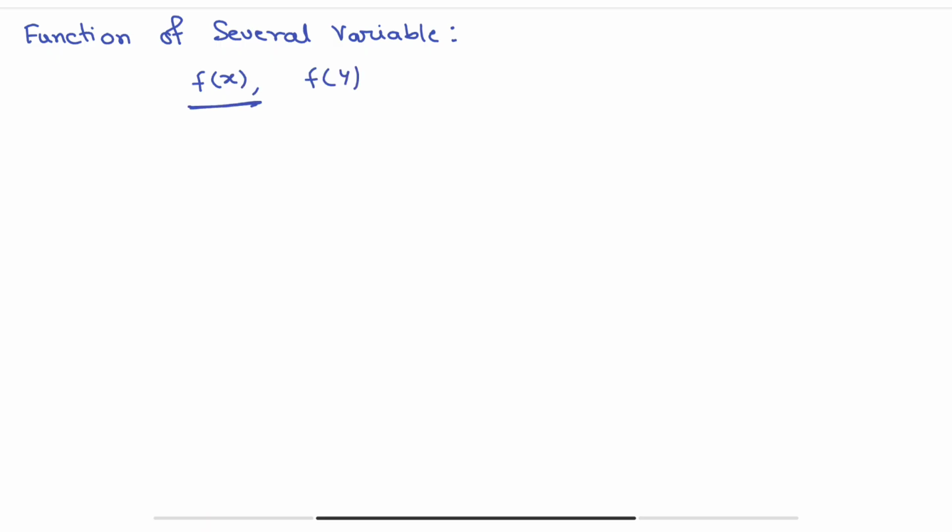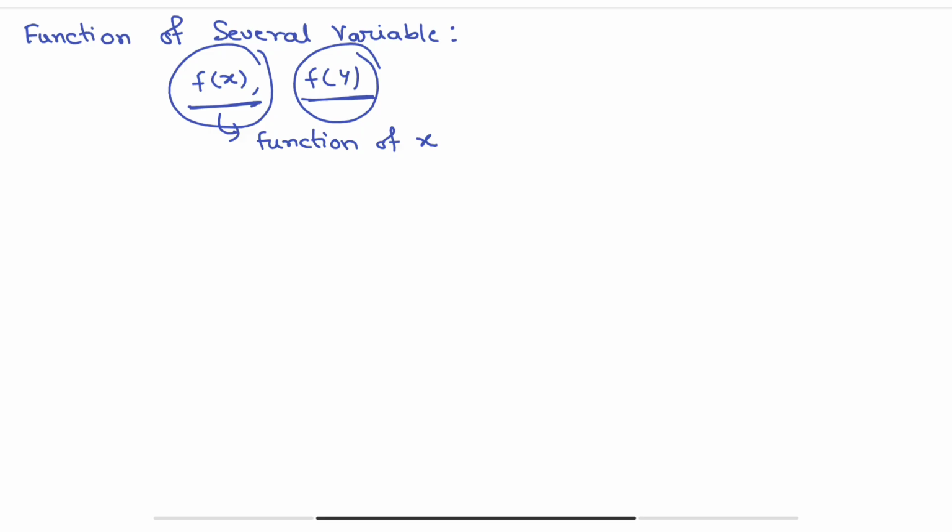F of x means function of x. Yes or no? That means f is a function where the variable is x variable. Similarly, f is a function where the variable is y variable. And all these functions are function of single variable. In this case the variable is x, and in this case the variable is y.